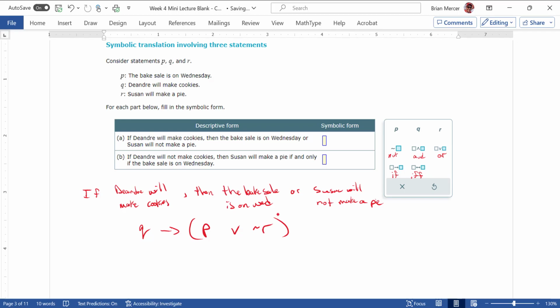So important thing to point out again is that the comma right here separated two things on the right, and so we grouped those two statements together with parentheses.